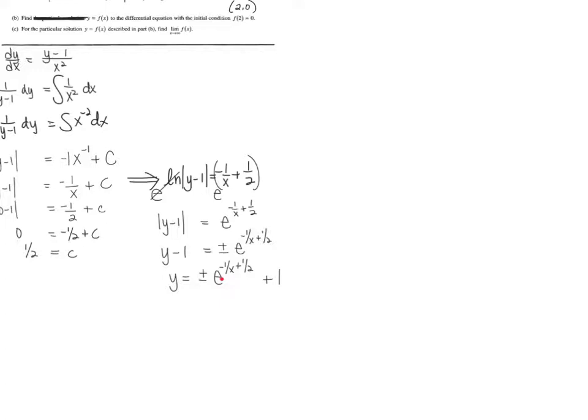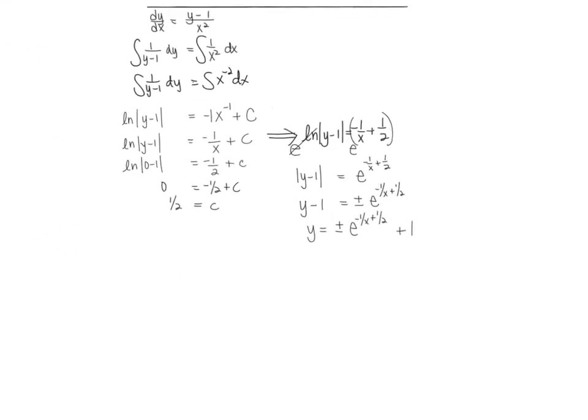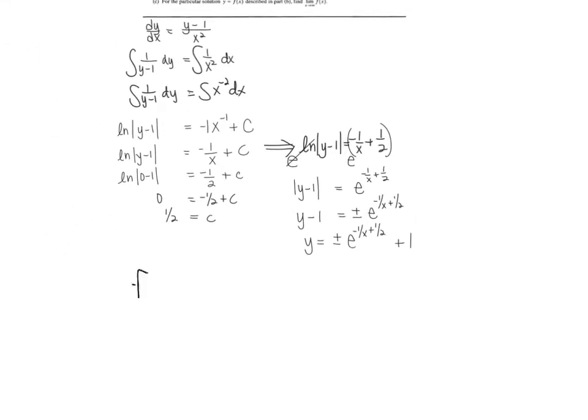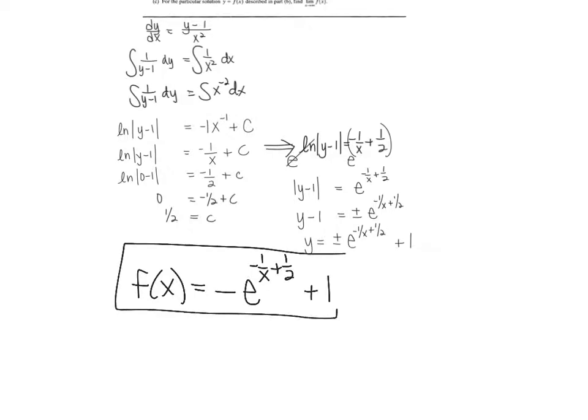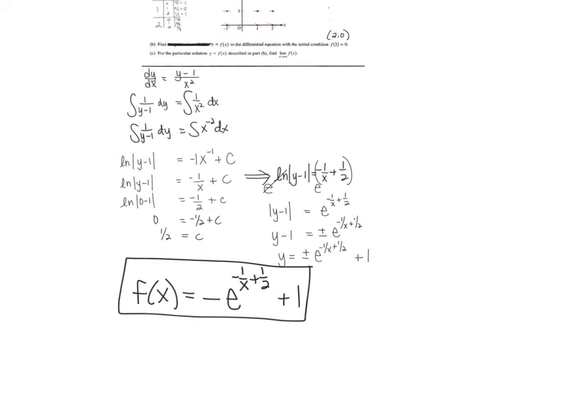And remember, do we want positive 1 plus 1? Or do we want negative 1 plus 1? Remember, we want to get a value of 0. So in this problem, we want 0. So f of x is equal to negative e to the negative 1 over x plus 1/2 plus 1. That's the answer to part B. We needed the negative value.